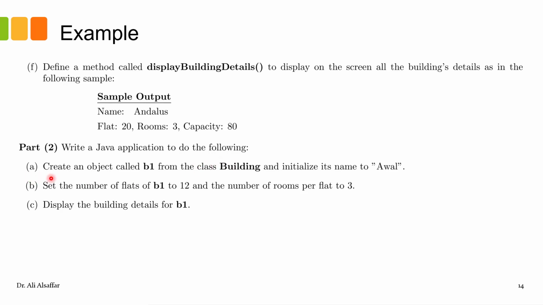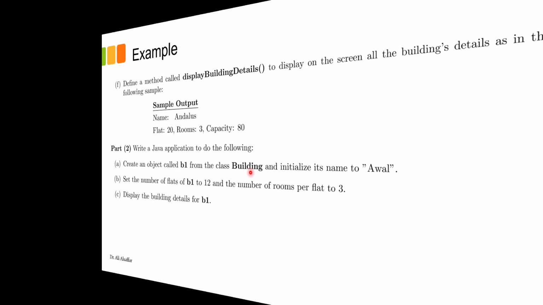In part A it says create an object called B1, so this is the name of the object, from the class building, and initialize its name to Al Wahid. Remember that we have created a constructor, so whenever it says initialize, it means you need to use the constructor. So you need to define a variable or a reference B1 for the object from the class building. Let us do this.